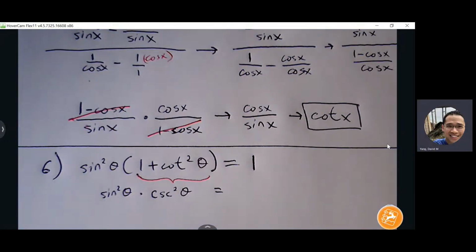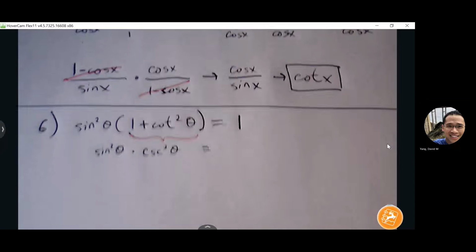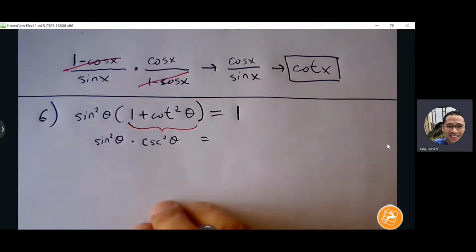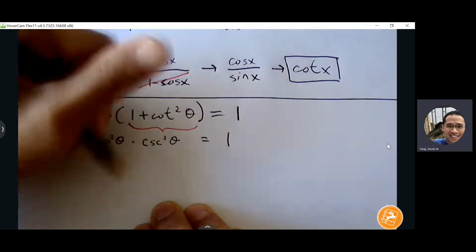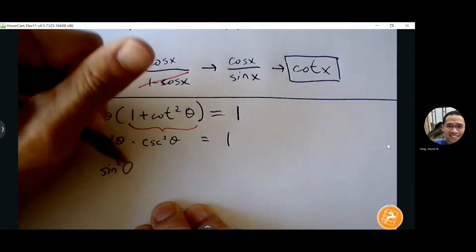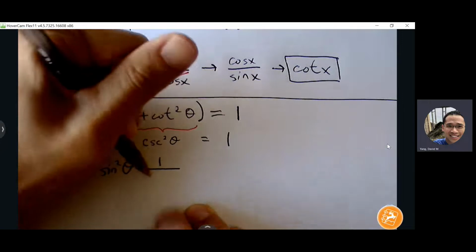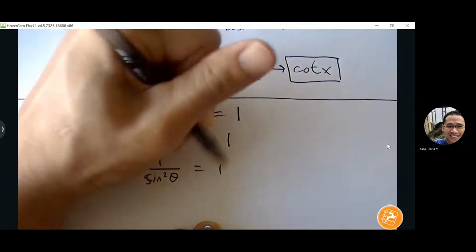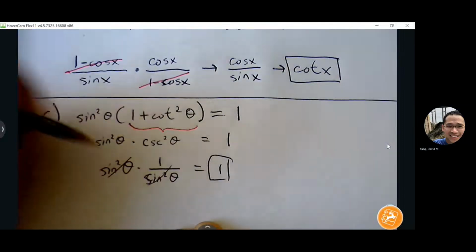And sine and cosecant are reciprocals, so they're just going to multiply to be what? 1, right? Or if you want to show a little bit more work to convince yourself, you can rewrite cosecant squared as 1 over sine squared. That's fine as well.